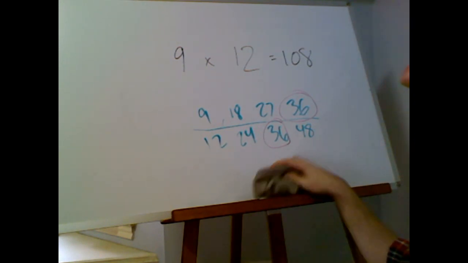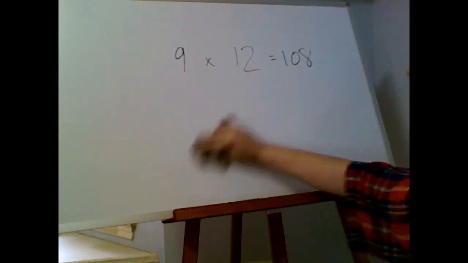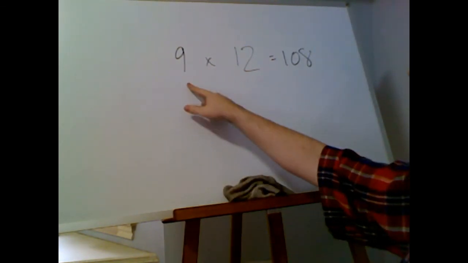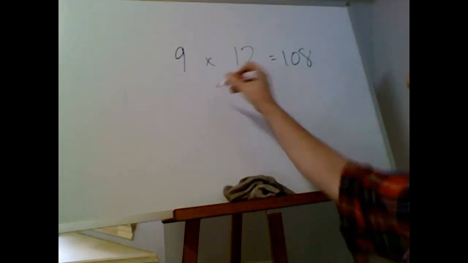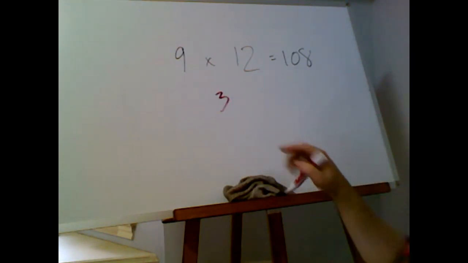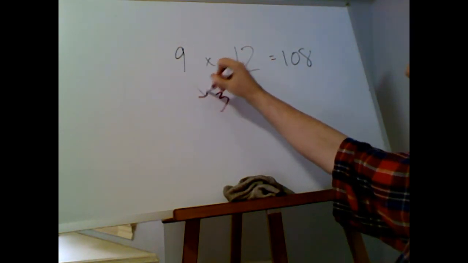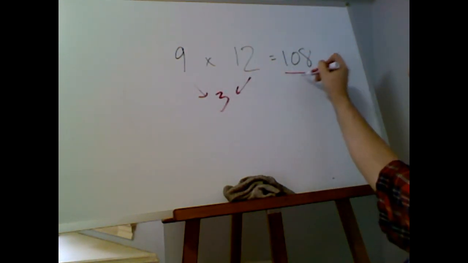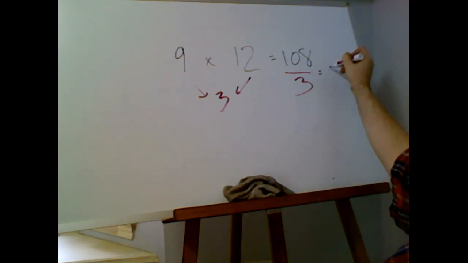Fun fact. You don't need to do this, but this is just a fast way to do it. If you can identify a number that goes into both 9 and 12, in this case 3 times 3 or 3 times 4, you can use the multiplication trick, and whatever number goes into both 9 and 12, you can just divide by that number. 108 divided by 3 will give you the correct answer.